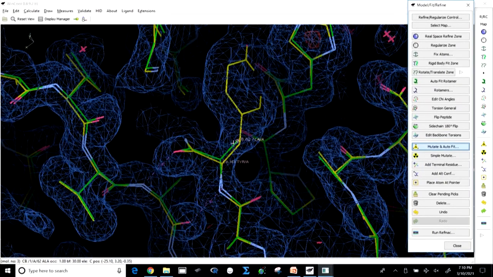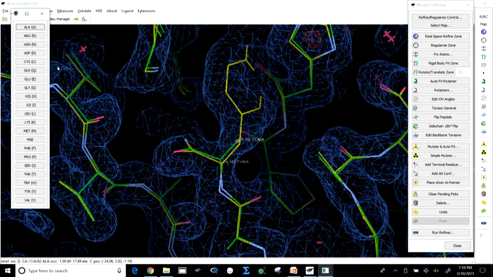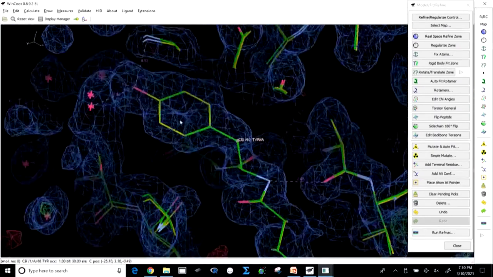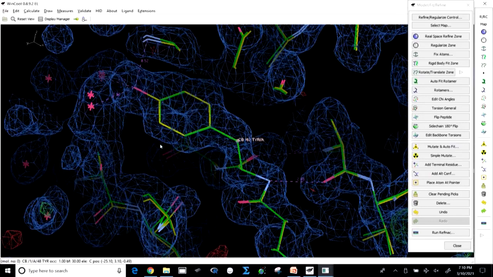So, mutate, autofit, and you want to put tyrosine. You will see that tyrosine appeared, but if you remember, the tyrosine was a little different in position. Now, it automatically adopts where the map is.